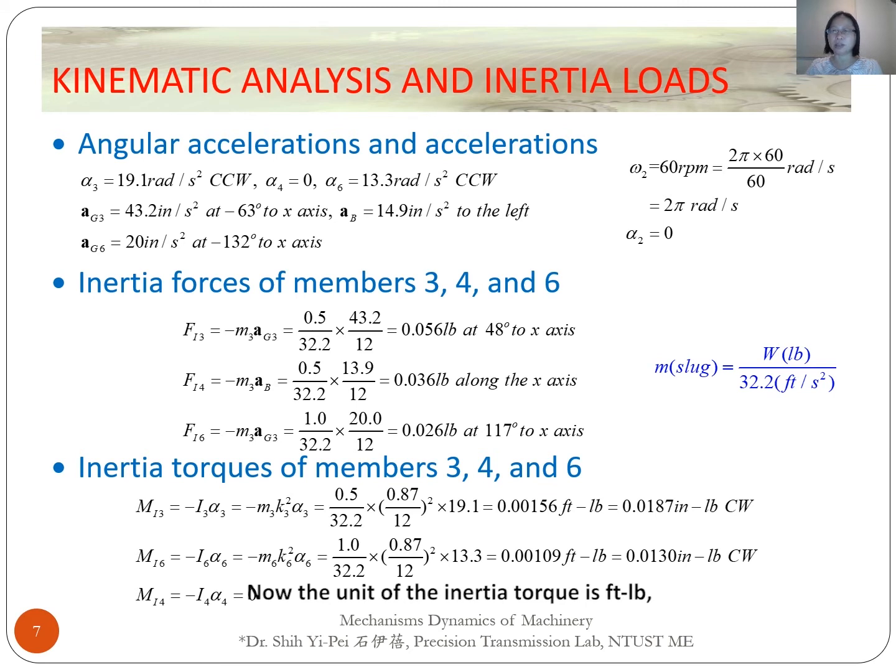Now, the unit of the inertial torque is feet pound-force. We change the units back to inch pound-force for equilibrium equations. Here, member 4 has no inertial torque because member 4 cannot rotate. Its angular acceleration is 0.